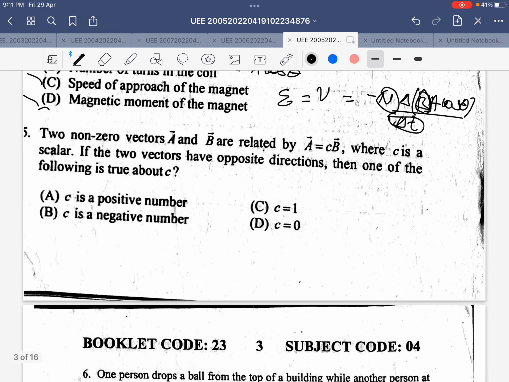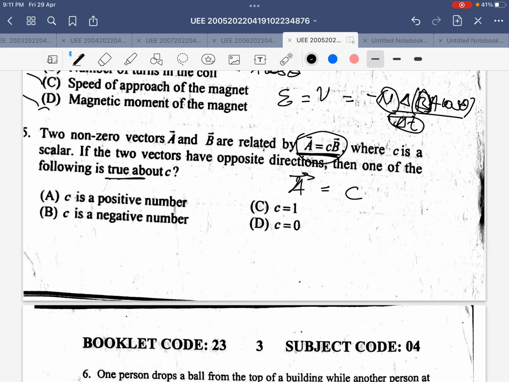Question number 5. Two non-zero vectors A and B are related by A is equal to CB, where C is a scalar. If the two vectors have opposite directions, then one of the following is true about C. This is a relation A is equal to CB.